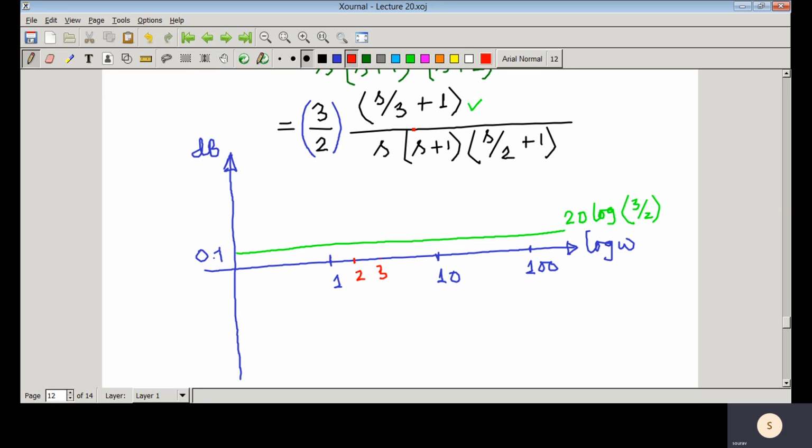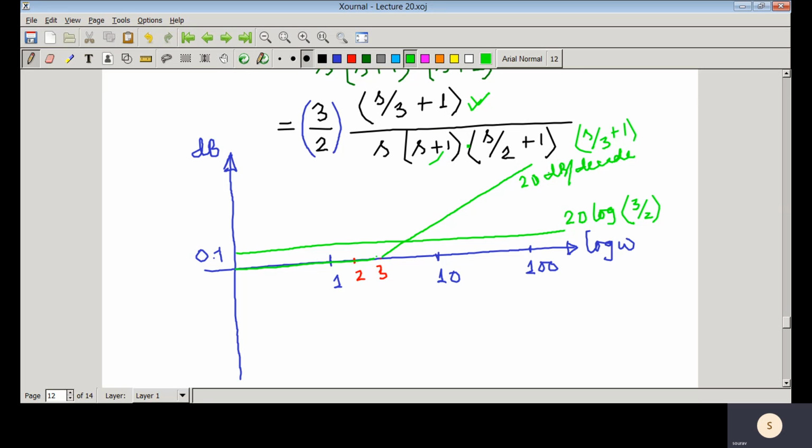So now the corner frequency is 3 and it is in the numerator, so that means that asymptotes for this particular term is coming like this, and from here we have that 20 dB per decade.